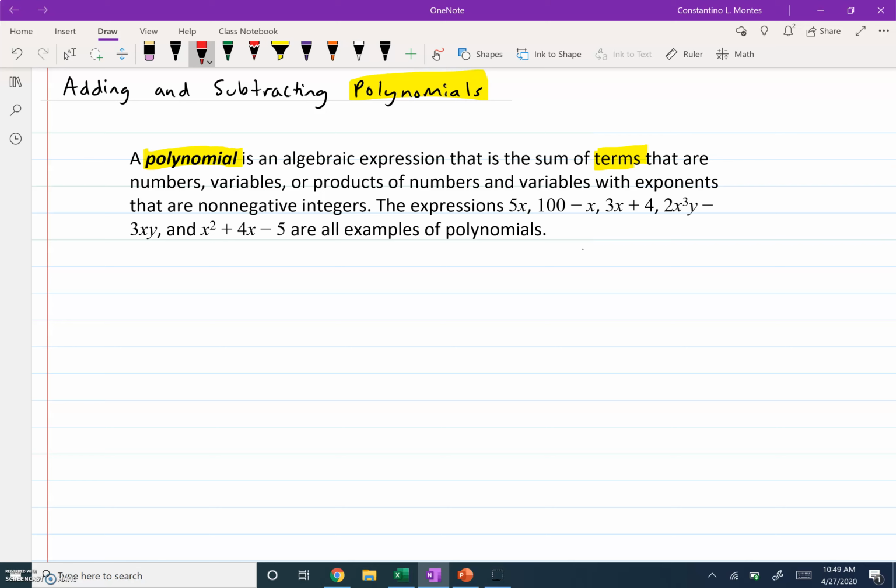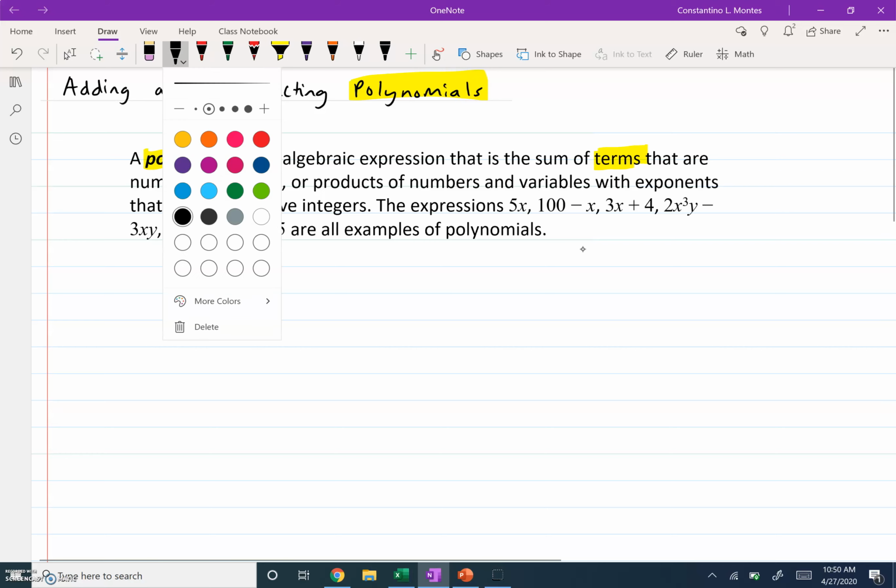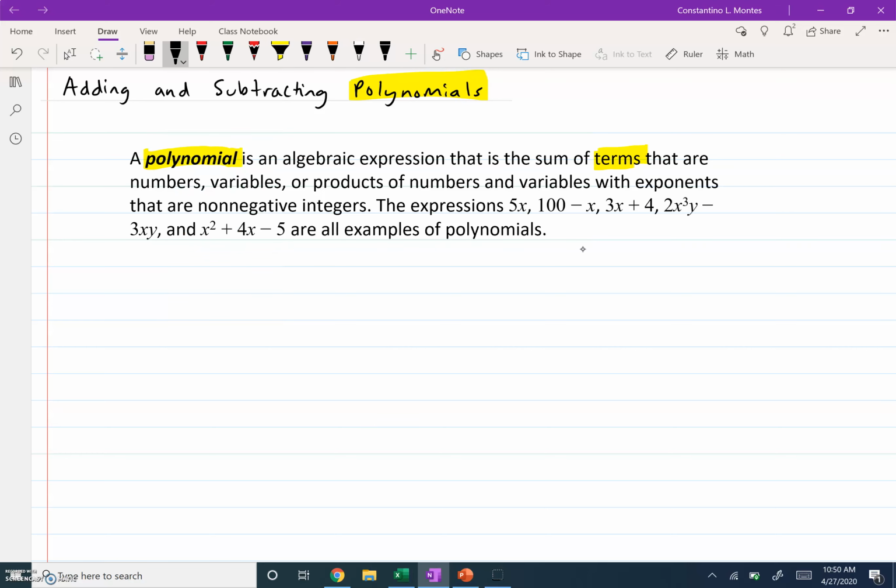It could be a number attached to a variable, maybe a number attached to multiple variables, and those variables might even have some sort of exponent attached to them that's positive and a whole number. So those are what terms are.